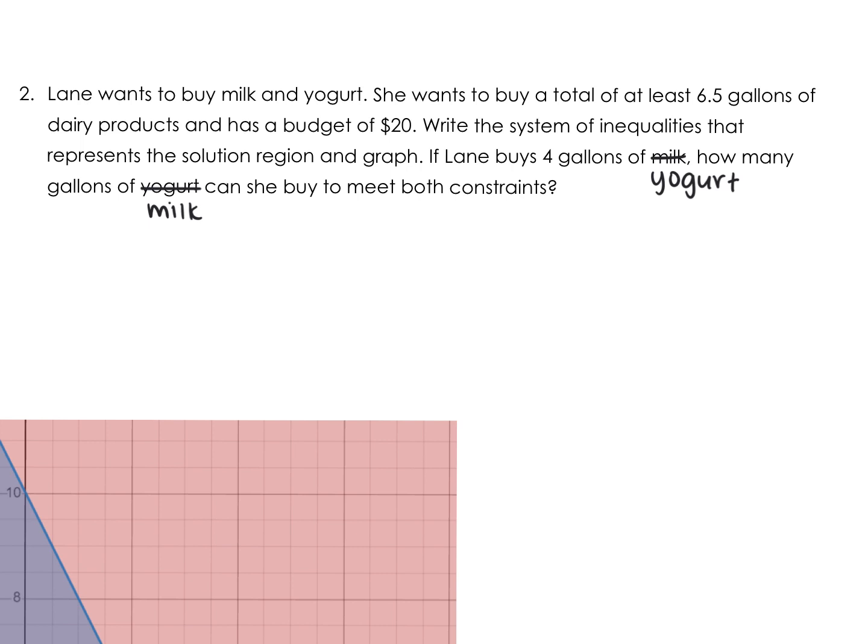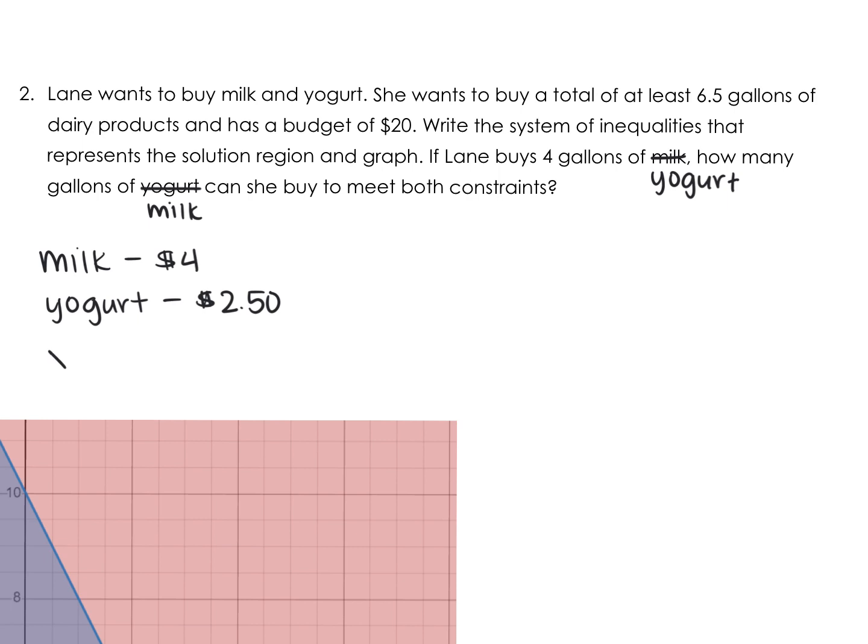Another piece of information that we need to know here is how much yogurt and milk cost. Milk costs $4 a gallon and yogurt costs $2.50.